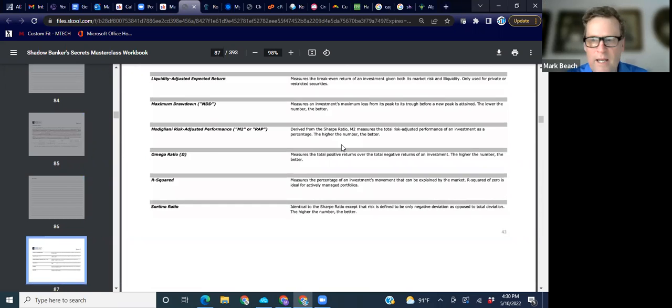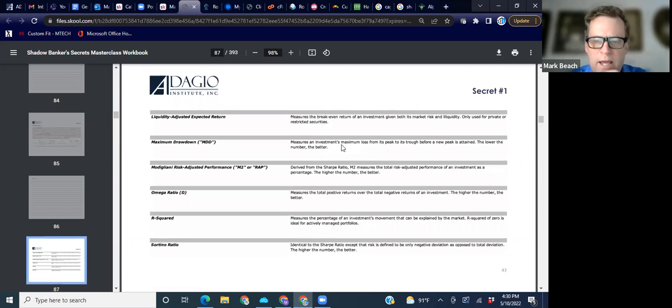So let's take a second and go through some of the other terms that Ben introduces in this section. And these all have definitions. On page 75, the liquidity adjusted expected return. But before I go to that, let's go back and identify some of the other risk adjusted performance measures that he introduces. He doesn't go into the formulas on these, but clearly we can look these up online, just like we did the alpha, the beta, the Sharpe ratio, and the CAPM.